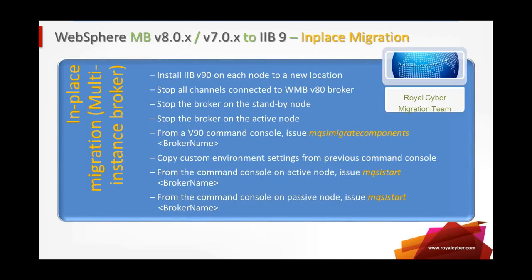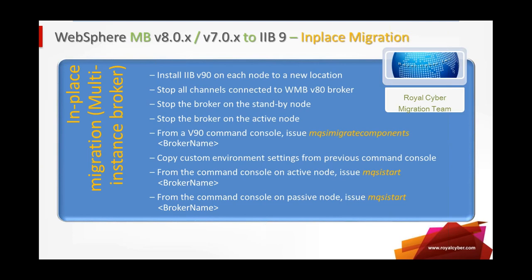Now we move to the next slide. We again talk about the in-place migration for a multi-instance broker. If our broker is a multi-instance broker, then what will be the steps for doing the in-place migration? First, you install IIB 9 on each of the nodes, right? Then you have to stop the channels for your old broker, then stop the broker on your standby node.